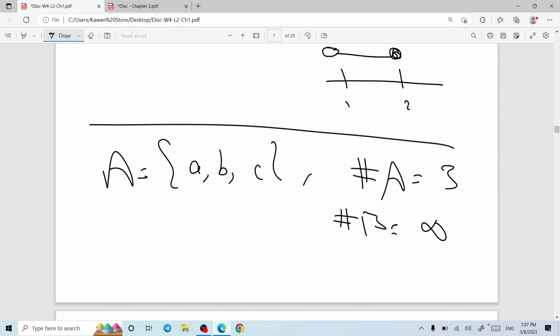I cannot give you any number. Why? Because B is between 1 and 2. Can you give me the number of elements between 1 and 2? No. How about here? Yes, 1, 2, 3.